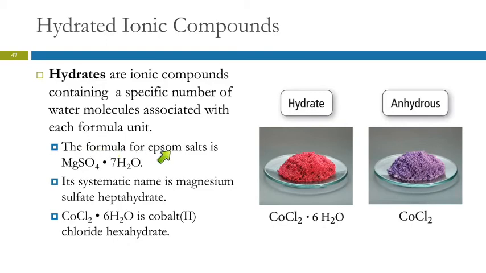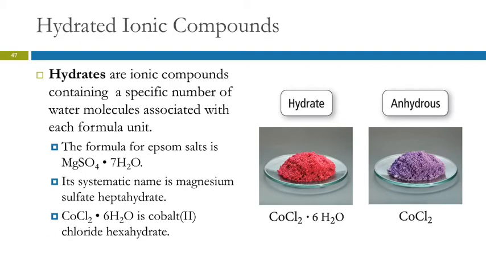So Epsom salts are something you use to soak sore body parts in, like your feet or a sprained ankle. Magnesium sulfate and 7 waters, so it's heptahydrate. So that's this systematic name, magnesium sulfate heptahydrate. The common name is Epsom salts. Don't ask me why, it just is.